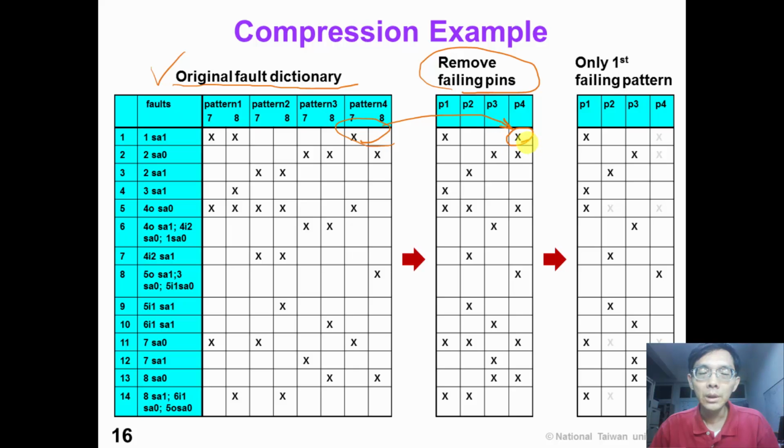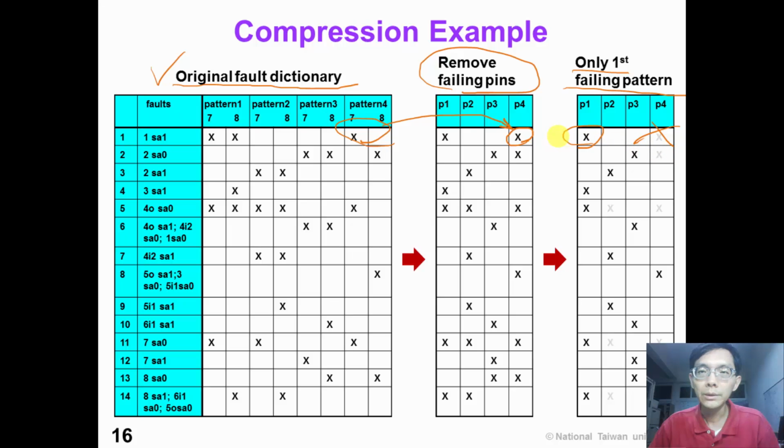By doing this, we can remove the dimension of failing pins. Or we can even keep only the first failing pattern information. For example, we only keep the first failing pattern and remove the other failing patterns.